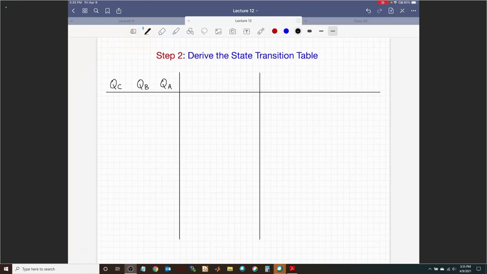Why 3 flip-flops? Because we have a 3-bit counter to design. This is going to indicate our current state, the circle you are in. Next, this is going to transition to QC plus, QB plus, and QA plus. This is our next state.